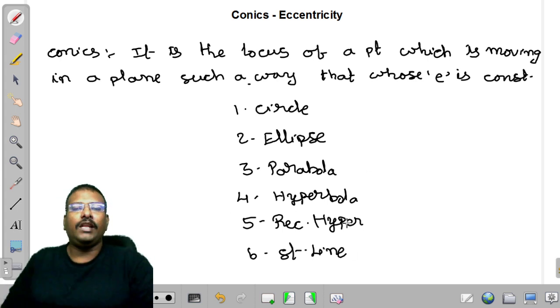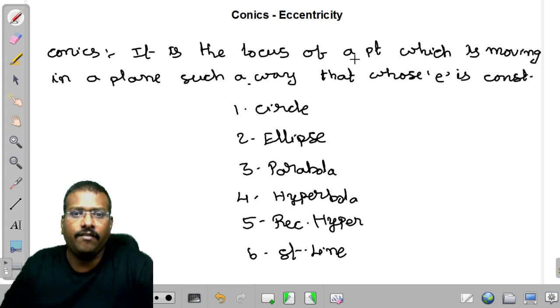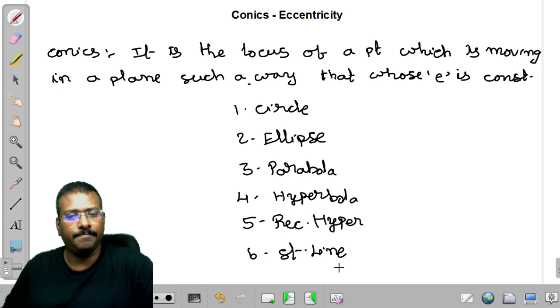Good. So what are the values of these for the different conics? What is the E value for these conics? So I am going to give the values here, and later I will explain and show it with the video how the various elements change from one to other.